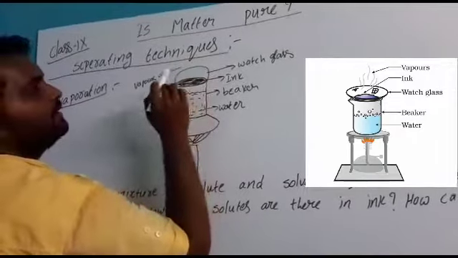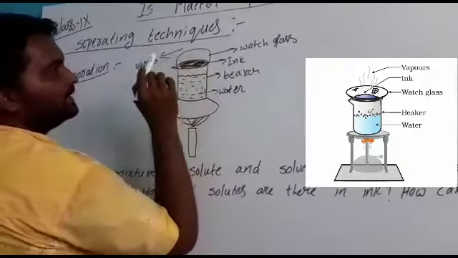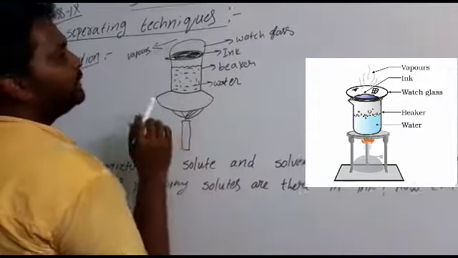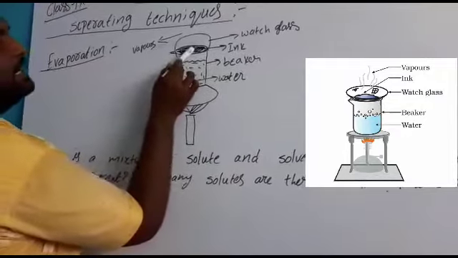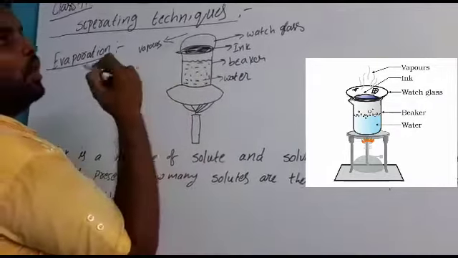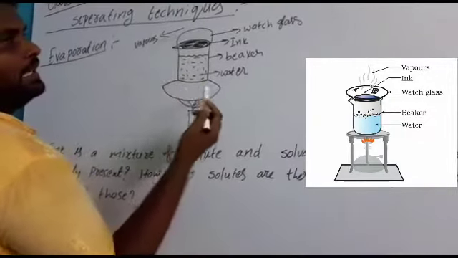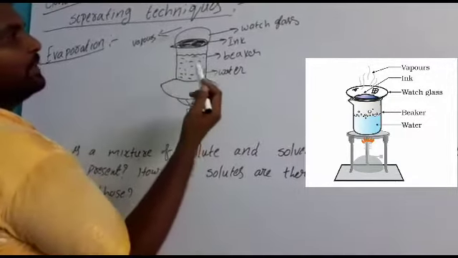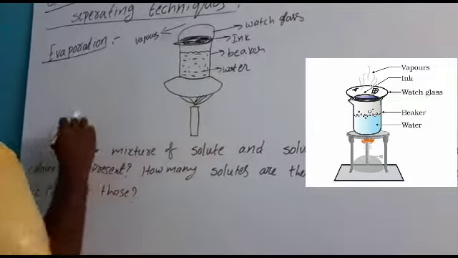Finally you will observe the residue of ink on the watch glass without water. That means by using evaporation you separated ink from the water. Two substances are there, water and ink, and you separated these two substances by the process of evaporation.